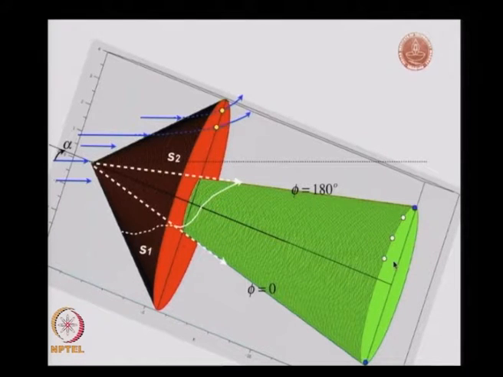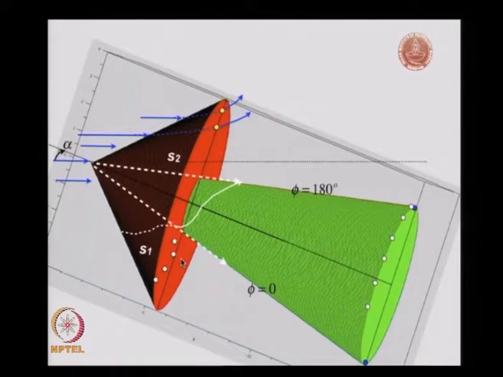Various parts of it project as small points like this, and the end of it merges with the phi equal to 180 degree radial line. So that also projects as a small point. And this part of it will project onto the red base. Let us do that again.